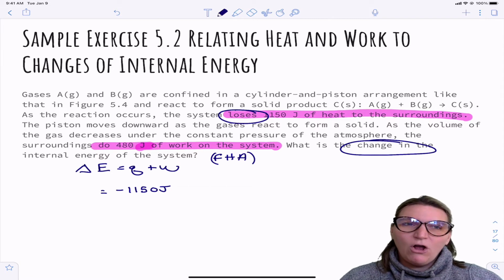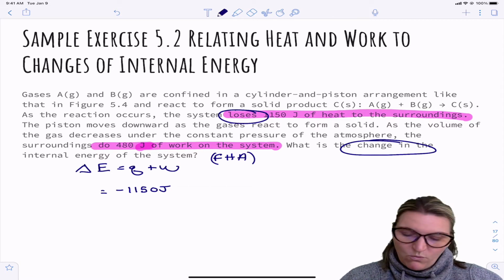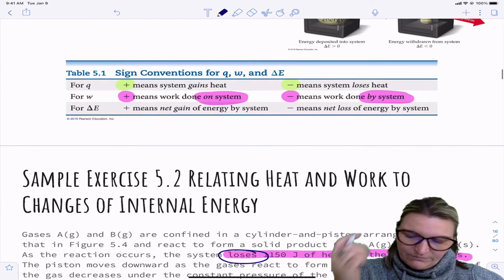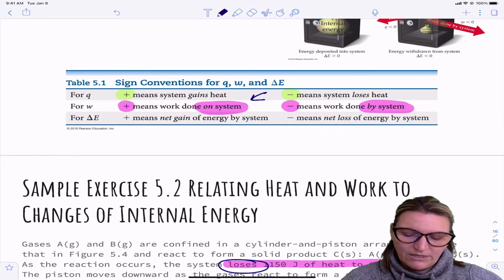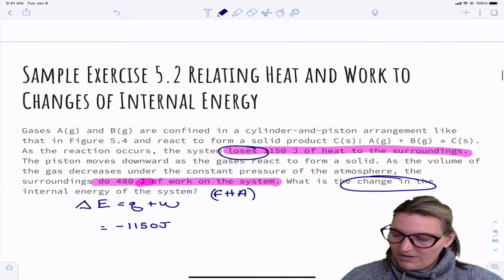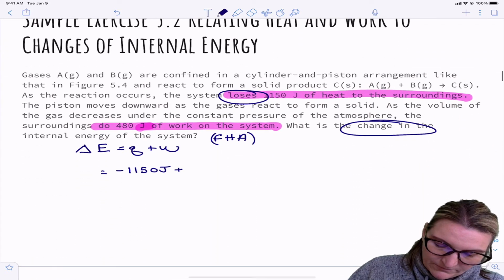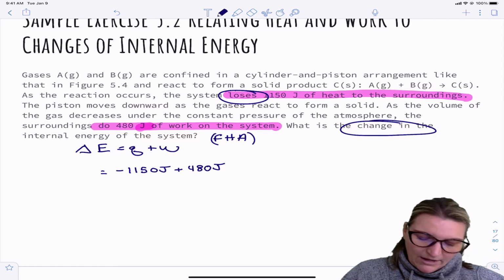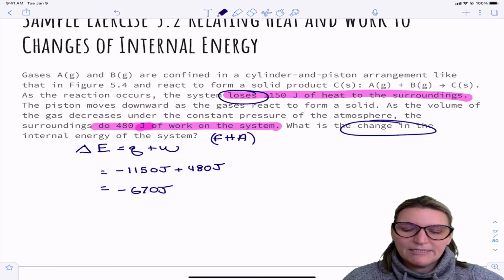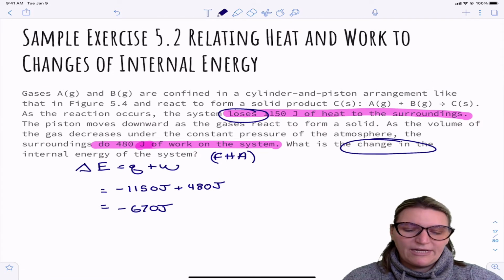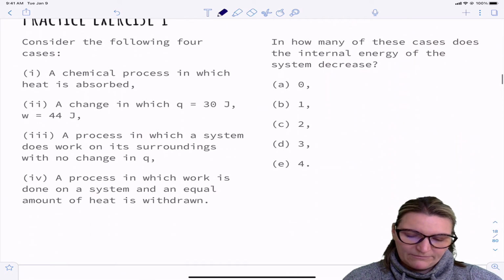Work is done on the system, so that's positive. Work done on the system means it would be a positive 480 joules. Then I sum those up, and I get negative 670 joules. Simple as that. But that really means that you need to understand that table on the previous slide.